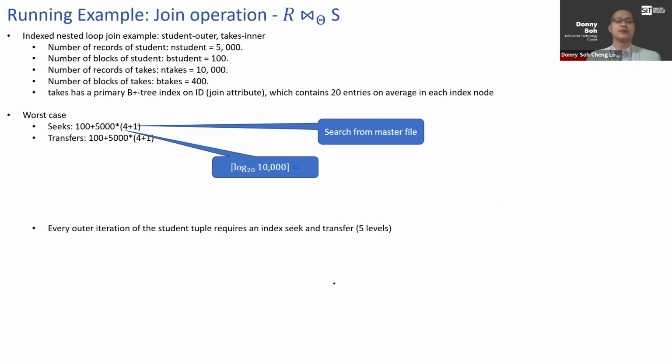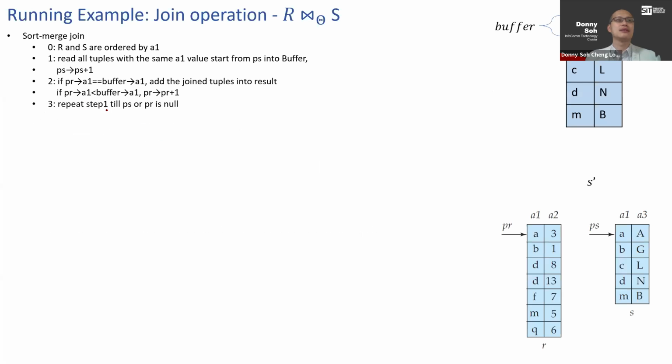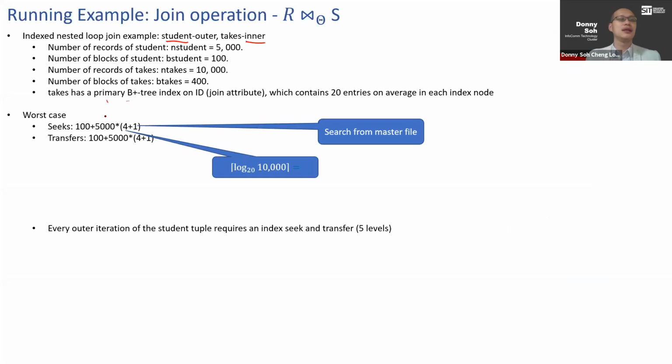Let's look at this indexed nested loop join example, where my student is in the outer loop and my ticks is in the inner loop, and the index is on the ticks, on the attribute ID.